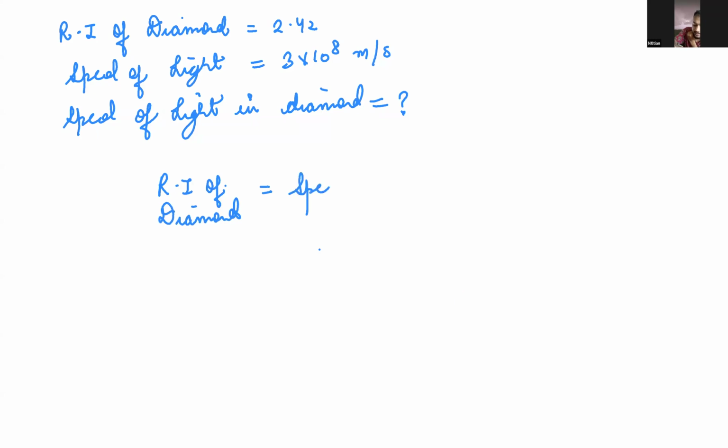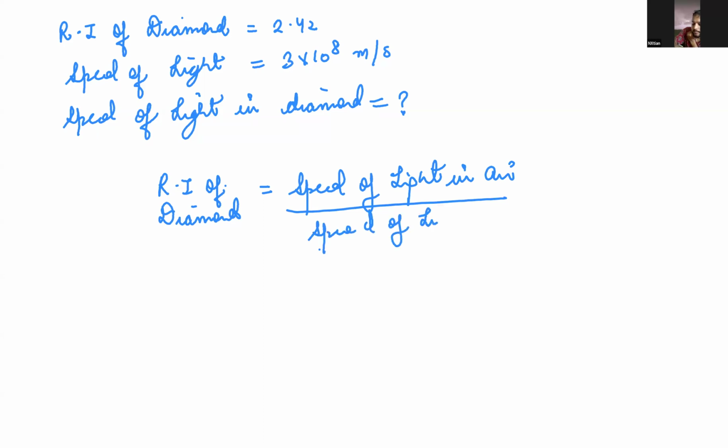First you have to write it down like this: speed of light in air upon speed of light in diamond. Did you get why I wrote it like this? Because the refractive index of diamond is written this way, the speed of light in diamond will come in the denominator. Just put this funda in your mind.